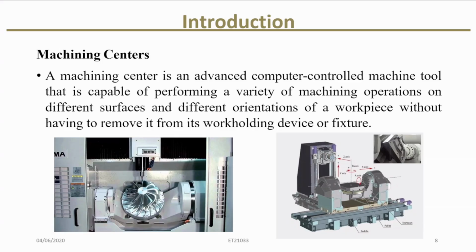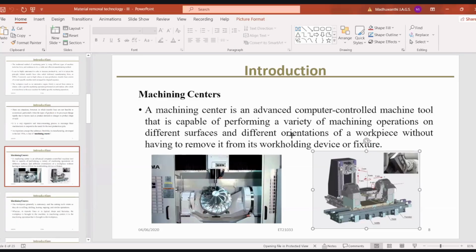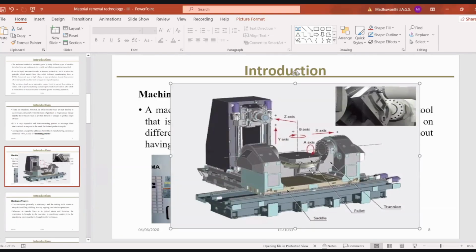So when we consider this machine, you can see the machine holder and machine bed can move with axes. There are three axes, X, Y, Z. You can see in this image, this machine bed can move, this part can move along the x-axis.